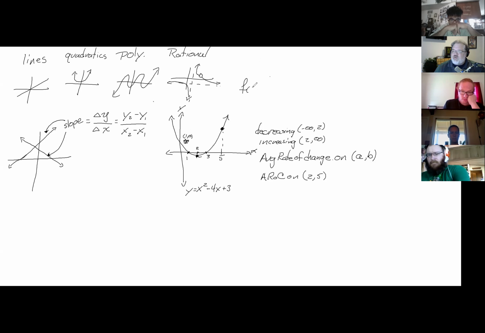If I want to have this intercept, this point at 1, 0, I need the function to equal 0 when x is 1. So x minus 1 will equal 0 when x is 1. So if a function has this as a factor, it's going to have that as an x-intercept.